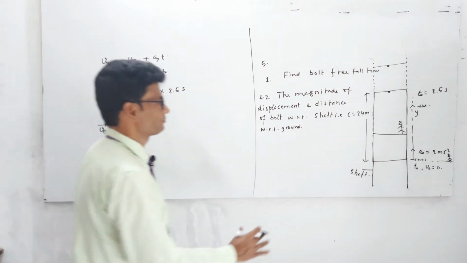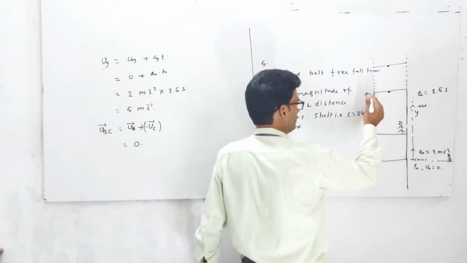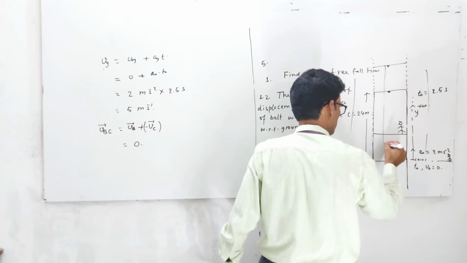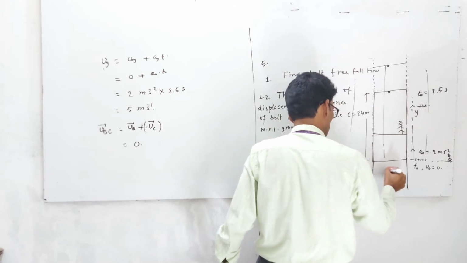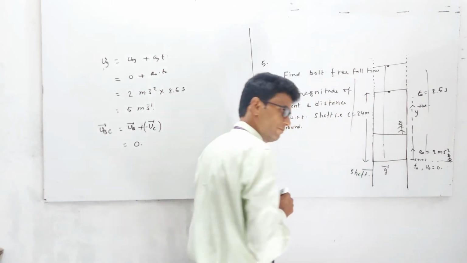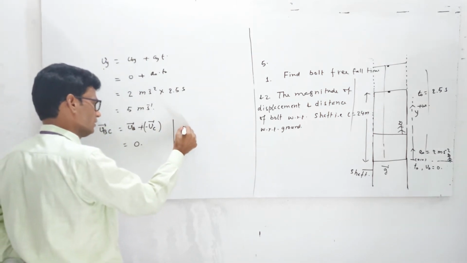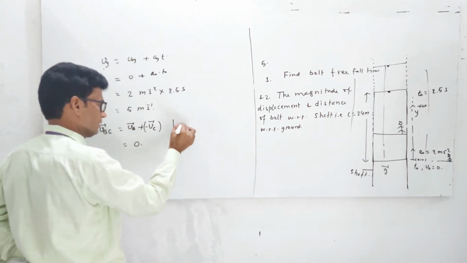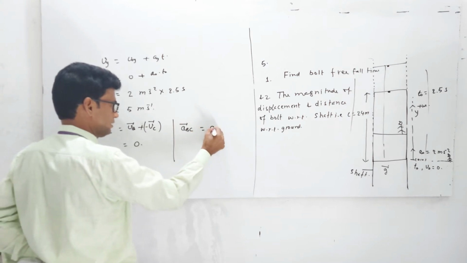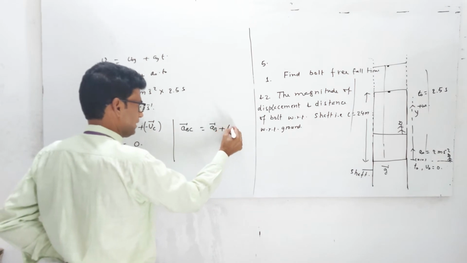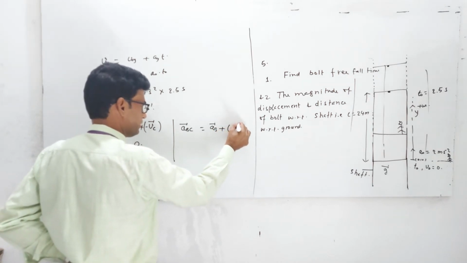Now suppose here is a uniform gravitational field pointing vertically down, say g. Now we are interested in the acceleration of the bolt with respect to the cabin: acceleration of the bolt with respect to ground frame plus or minus acceleration of the cabin with respect to ground frame.